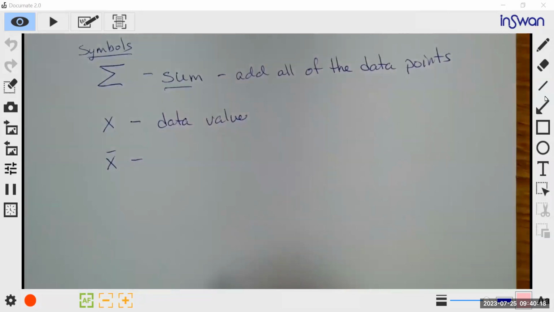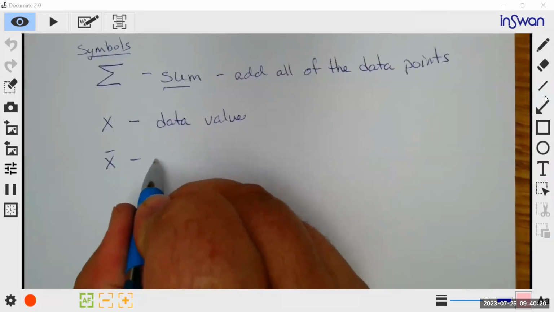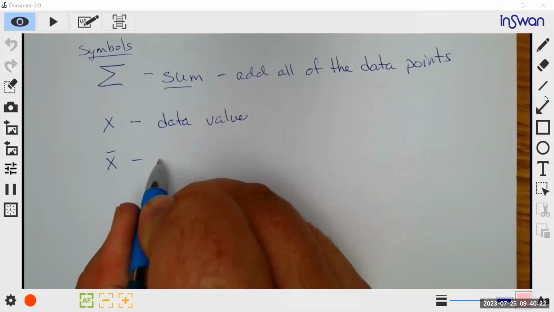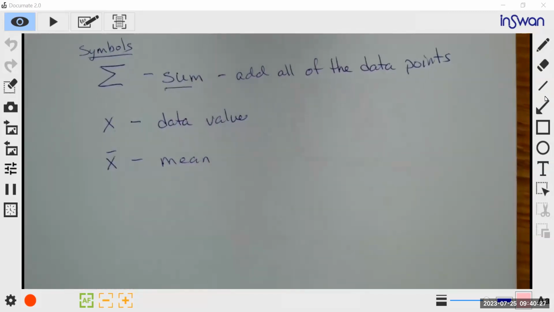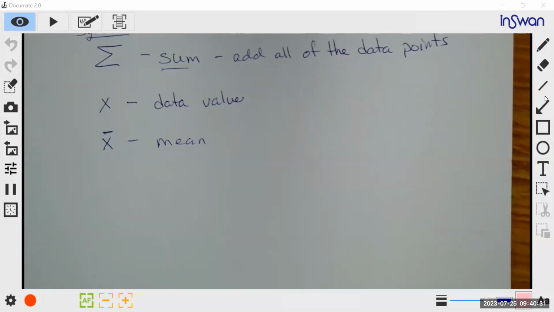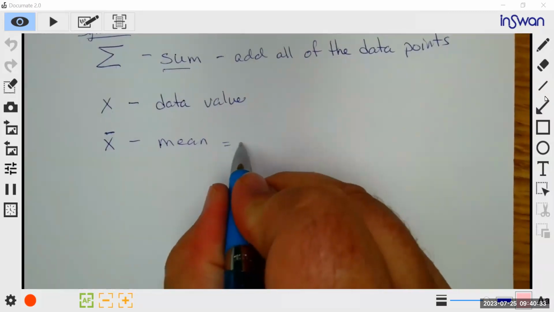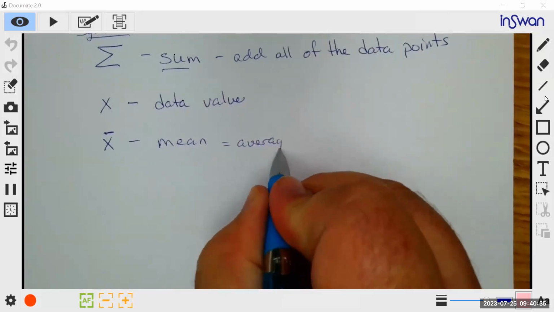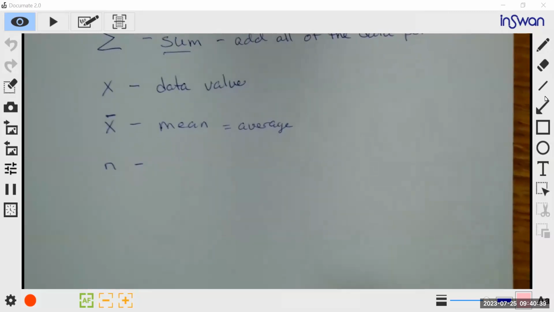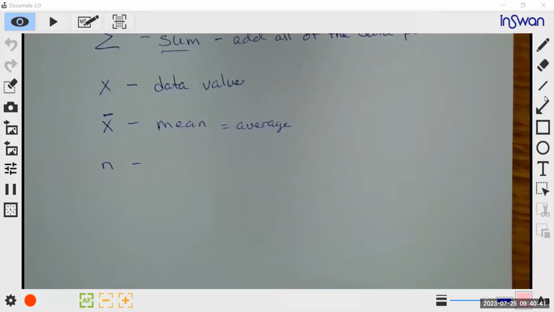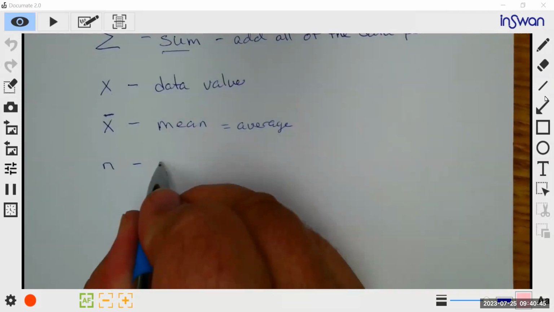What does that mean? It means mean. It is X bar, yes, because there's a bar there, but that's what it means. It means the average. What does N represent? Just sample?